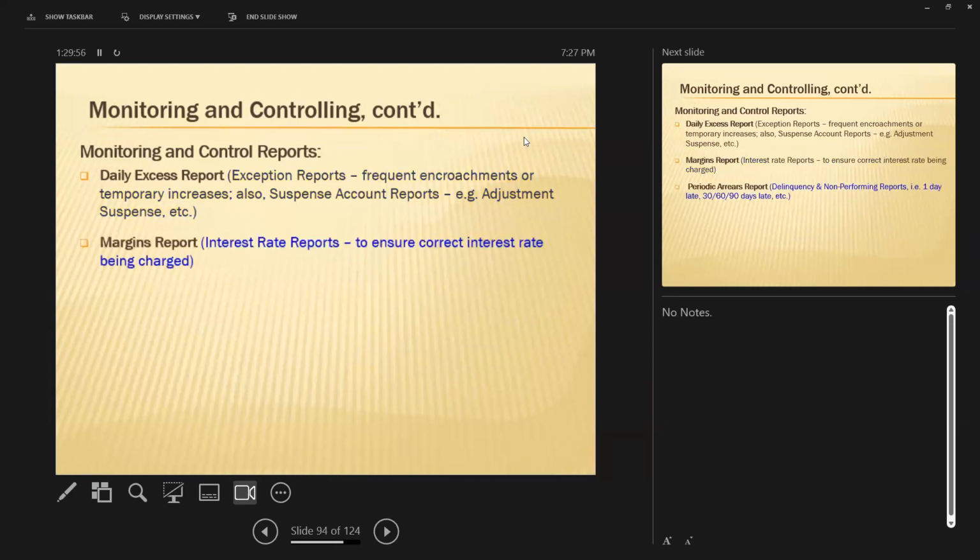Okay, margins report. This is one that relates to your interest rate. It is an interest rate report, and this is to ensure that the correct interest rate is being charged on the loan. So it'll have your different loan types. So if you have mortgages, people who are dealing with mortgages, look at mortgages.